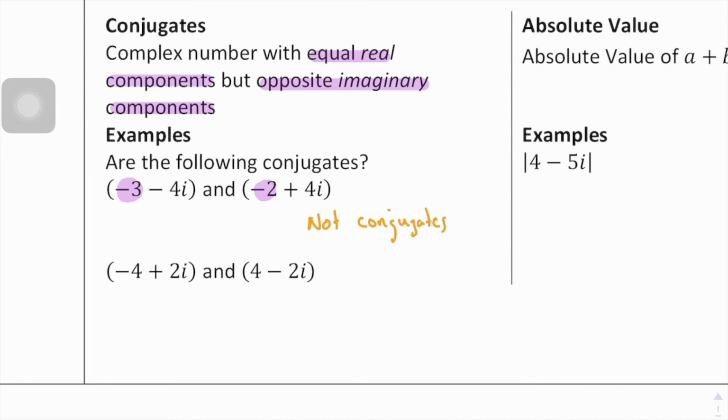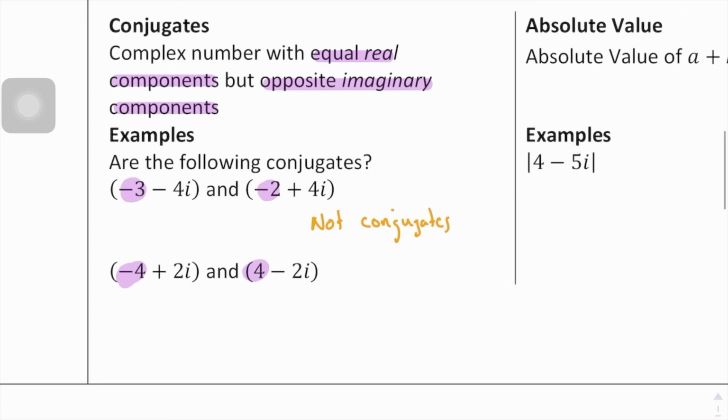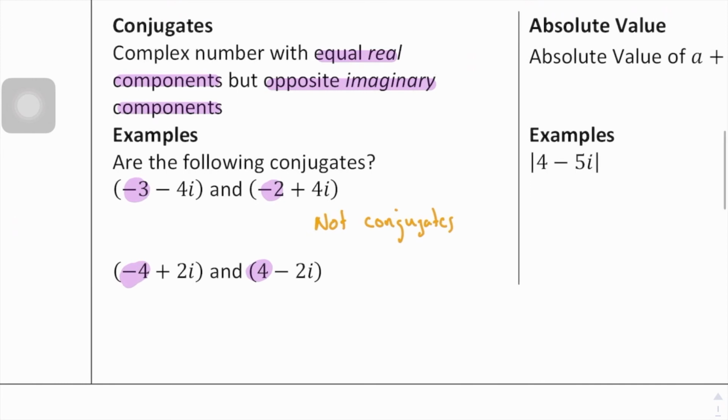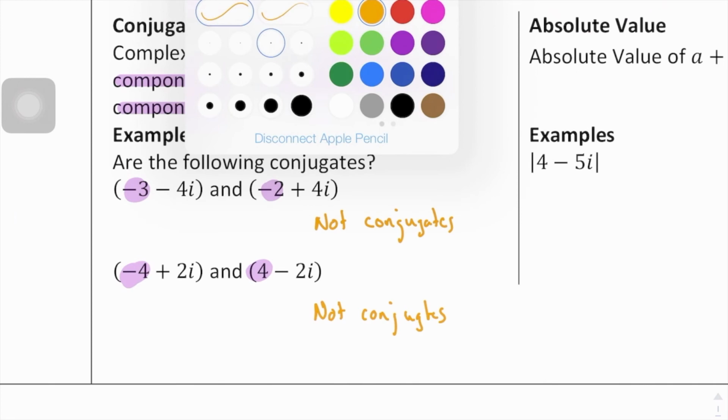Taking a look at this next one, negative 4 and 4, those are not equal either, so they're not conjugates. Since I'm missing an example of a conjugate here, I'll show you one.